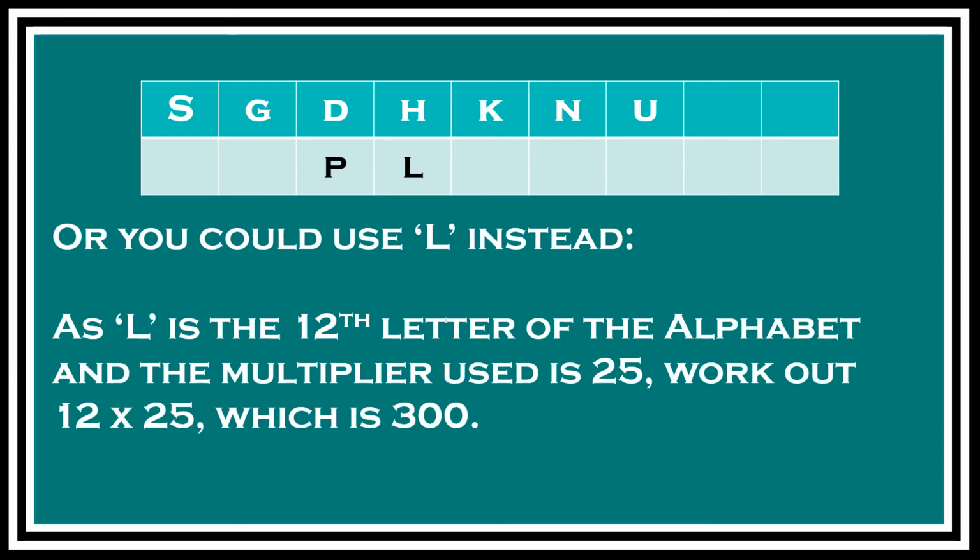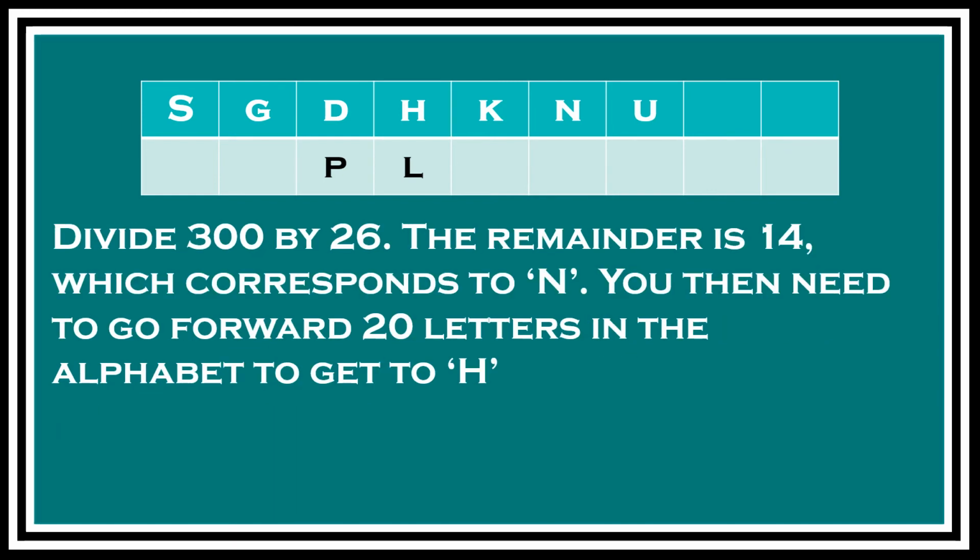So that was if we use P to get the Caesar shift, but we could use L instead, which is the 12th letter of the alphabet, and we already know the multiplier is 25, so 12 times 25 is 300, which has a remainder of 14 upon division by 26.